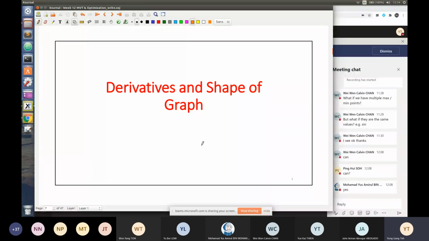Now we are going to talk about the shape of the graph, which is determined by this concept called concavity. Concavity will allow us to classify whether our stationary points are maximum, minimum, inflection points, or in fact other points as well.